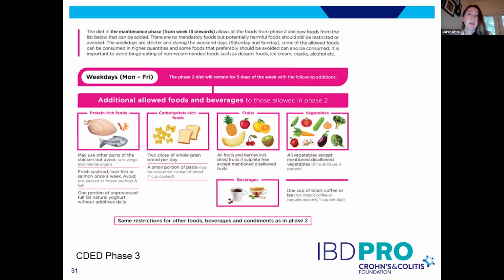So on this phase of the diet, there are no longer any mandatory foods. They have liberalized even more to include some additional allowed foods, including other parts of chicken. Still wanted to avoid skin and fatty parts of the meat.